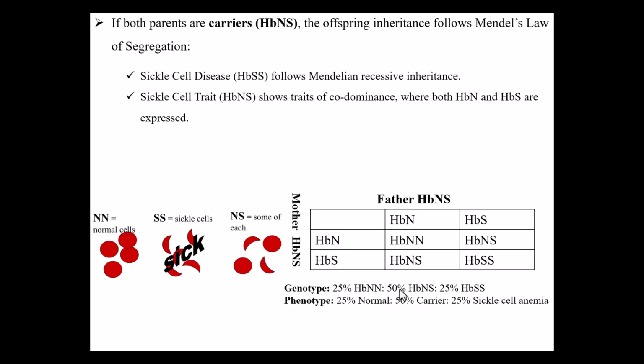It means 50% of their children would be carriers for the disease as well, and 25% have the disorder. They would be infected with sickle cell anemia, and they are going to be sick.